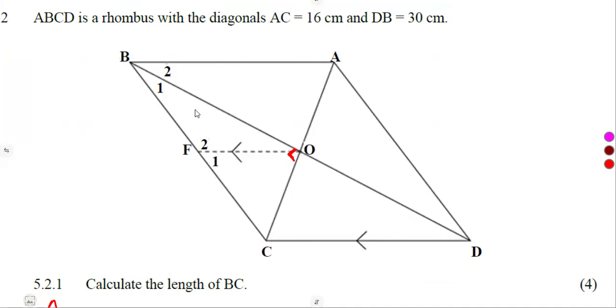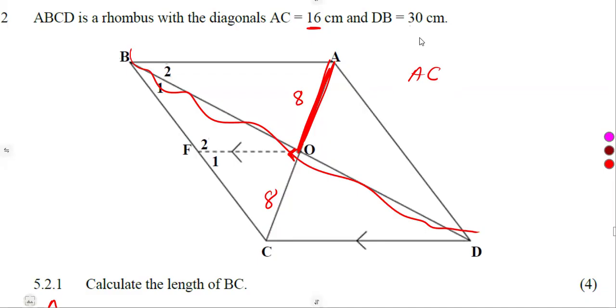So there we can use Pythagoras, because the whole of AC is 16. So half of that, from A to O, is going to be 8, and from O to C it is going to be 8. If the whole of BD is 30, divide by 2, this will be 15 and this will be 15.